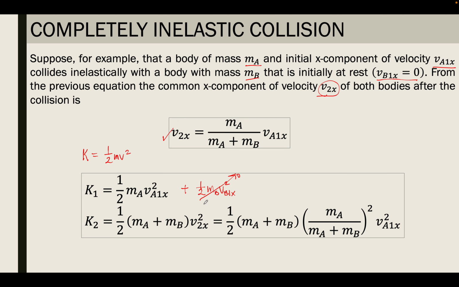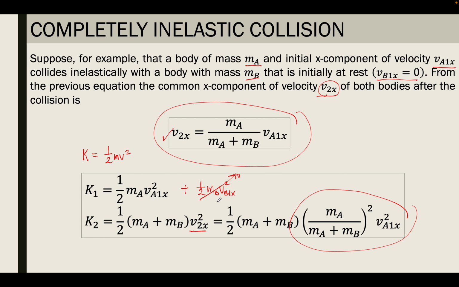This comes from the earlier equation, where we just substituted the value of v2x in our final kinetic energy equation. So v2x is mA divided by mA plus mB, times vA1x, and then we have the quantity squared.